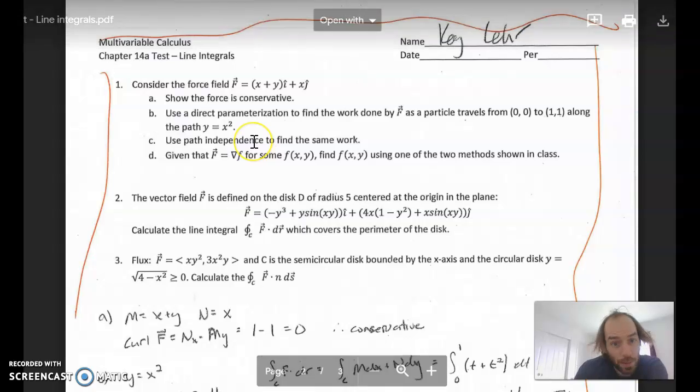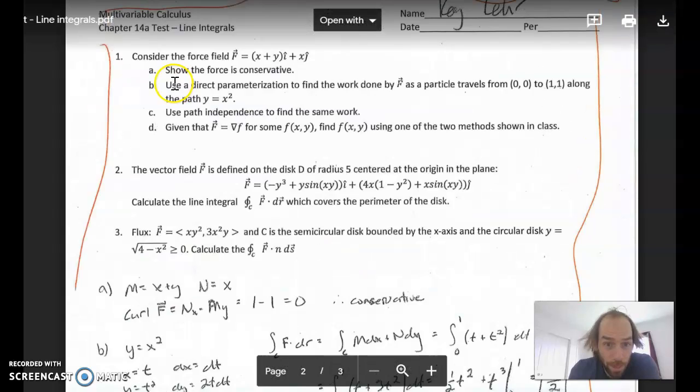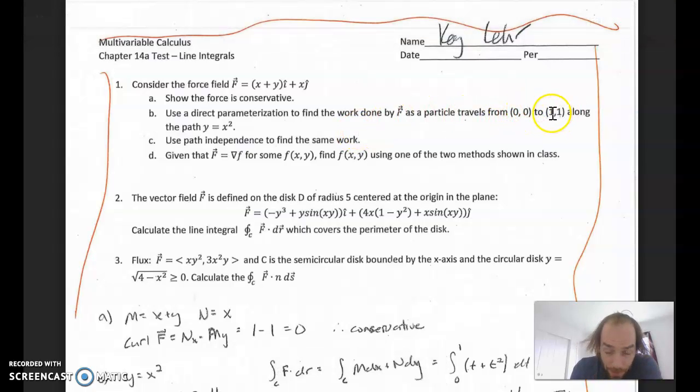Next thing I want to do is use path independence. So remember, if a force is conservative, which I've shown that this is, then the line integral that we do is path independent. What does it mean for a line integral to be path independent? Well, I can go from (0,0) to (1,1) along any path.